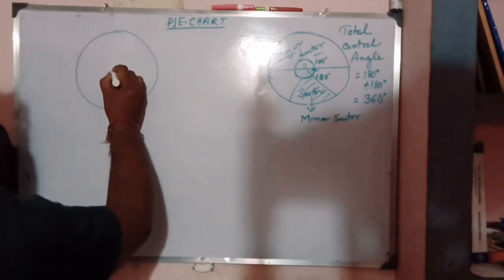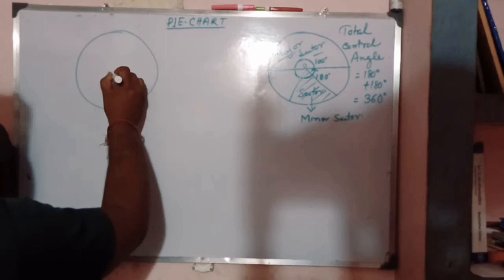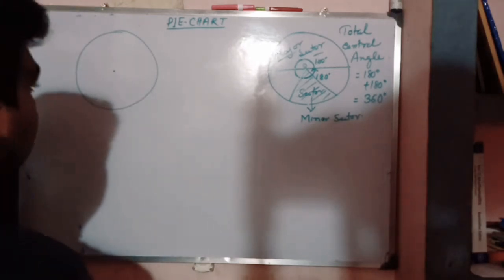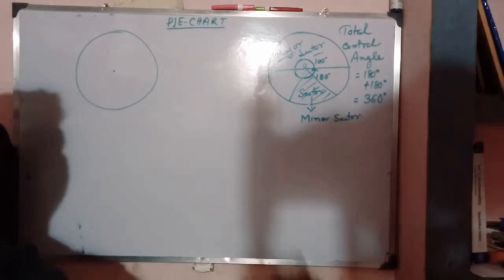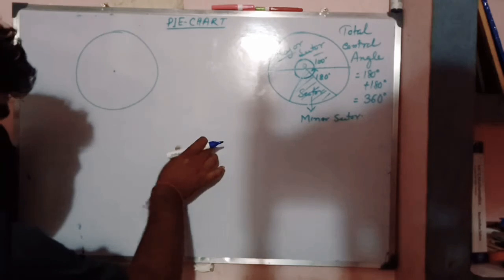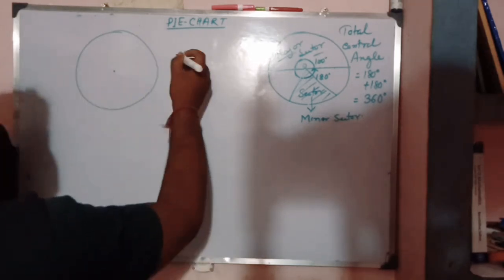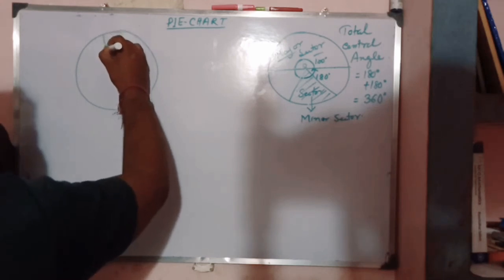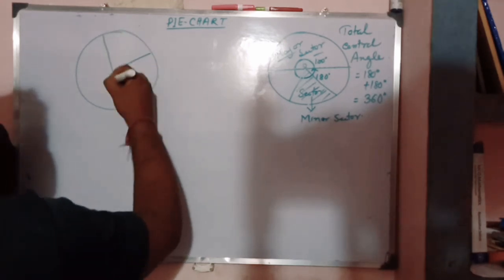We have to take the midpoint, the center, over here, and we have been given some data. We have to represent the data in the form of different sectors of the same circle.